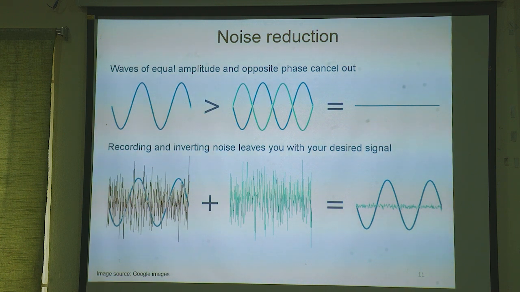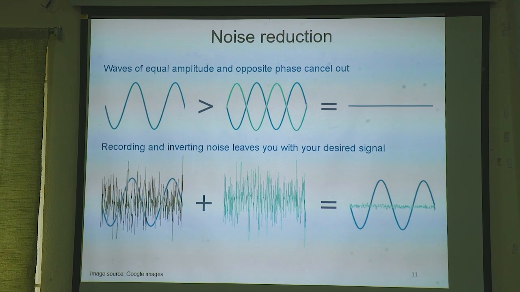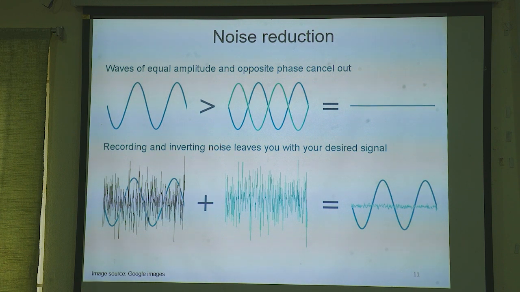That is called destructive interference. So whatever sound is produced, immediately the same frequencies with opposite phase or opposite amplitude, you make another signal, you superimpose this. Then the net signal will be 0. That is the functioning of the noise reduction.